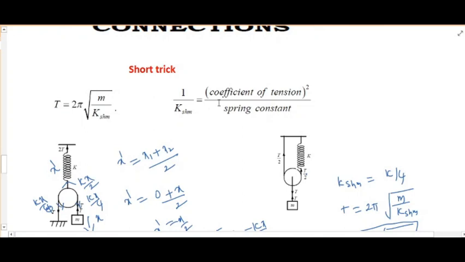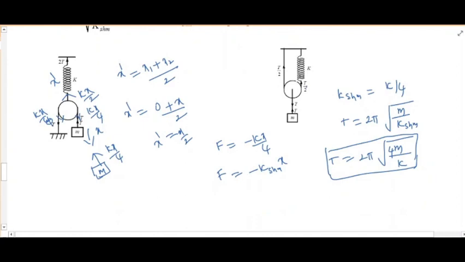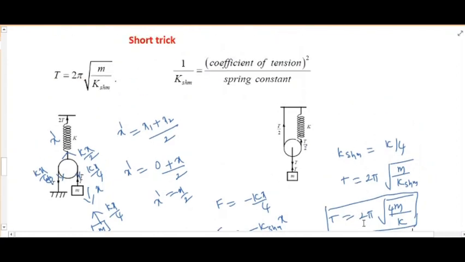Here our answer is T is equal to 2 pi into square root of 4m by K. We derived it in the general method, and we can derive the same answer with the short trick.